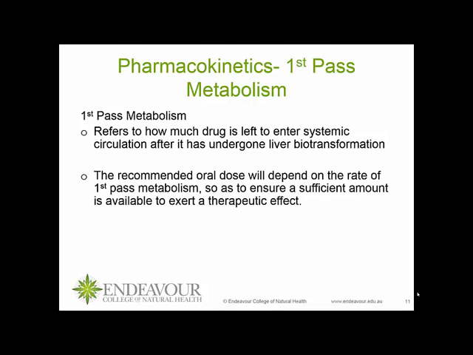So the oral drug dose always depends upon the rate of first pass metabolism. That means a drug which is highly first pass metabolized will have a higher oral dose. Right? I would like to add over here, please do not confuse first pass metabolism with conjugation and functionalization reactions.